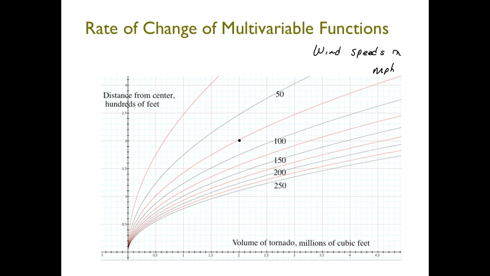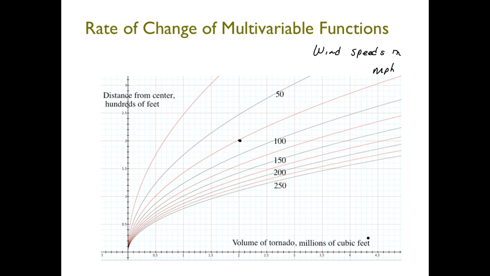So look at this point right here. Can you interpret that point on this contour plot? What does that point on this graph mean? Yeah, Griffin. This is at 200 feet from the center, and the volume of the tornado being 2 million cubic feet. Uh-huh. Your wind speed is 75 miles per hour.